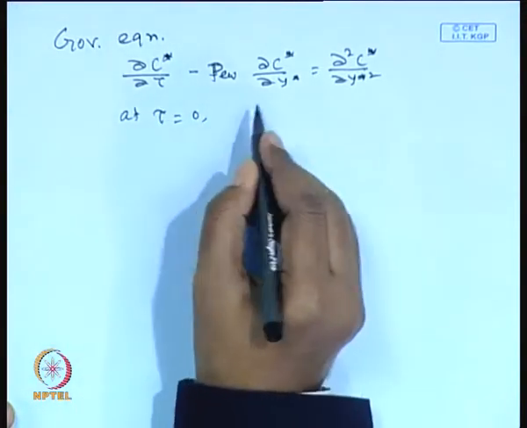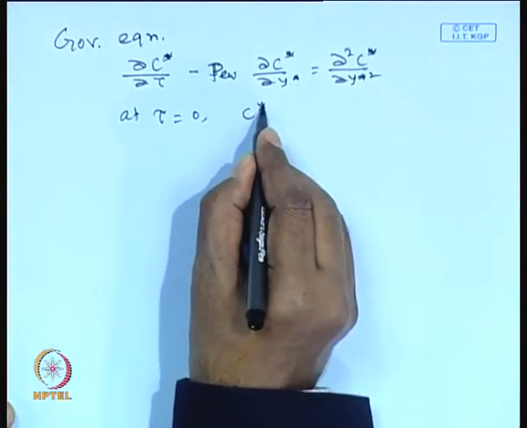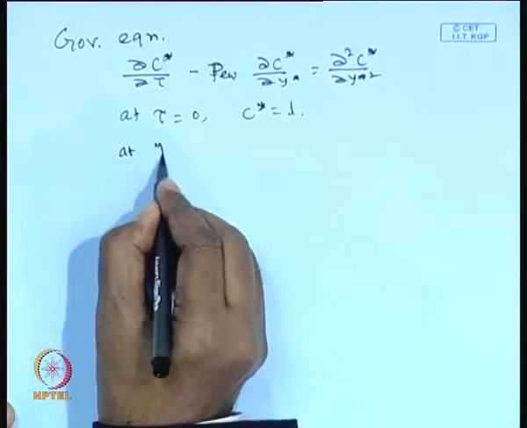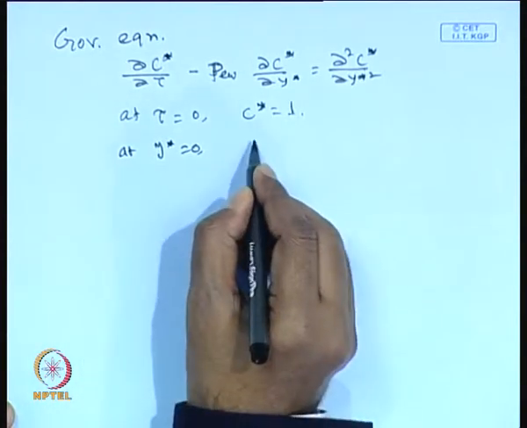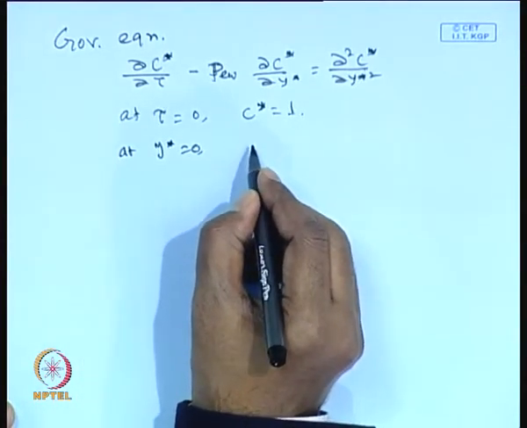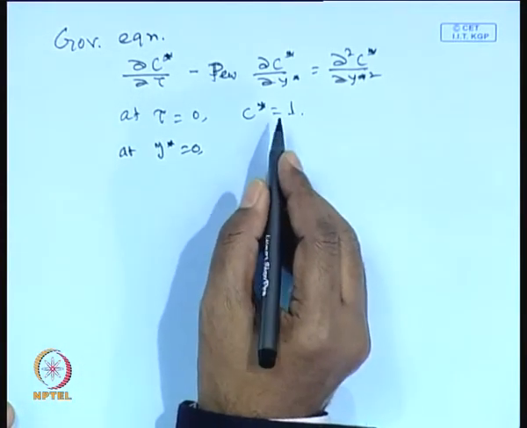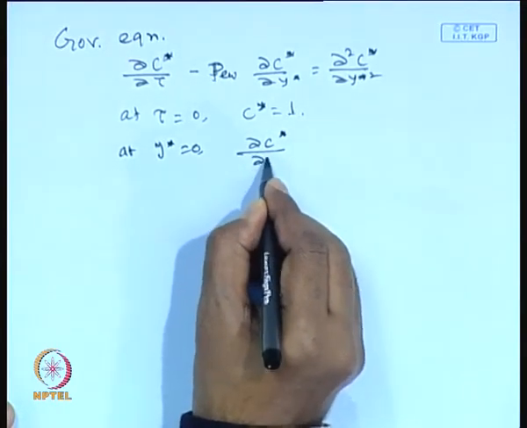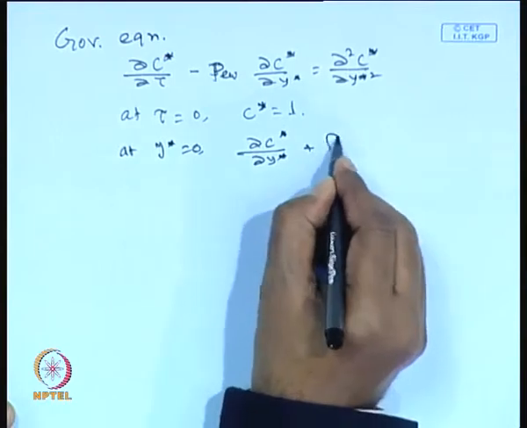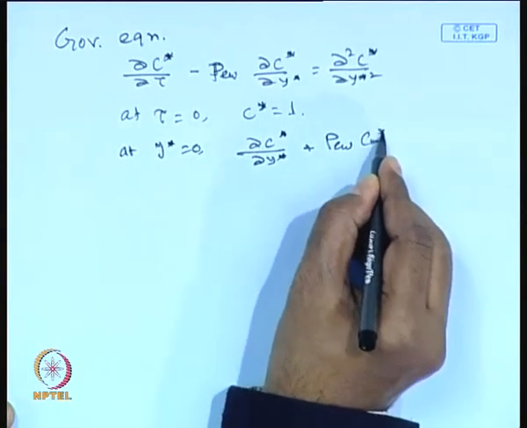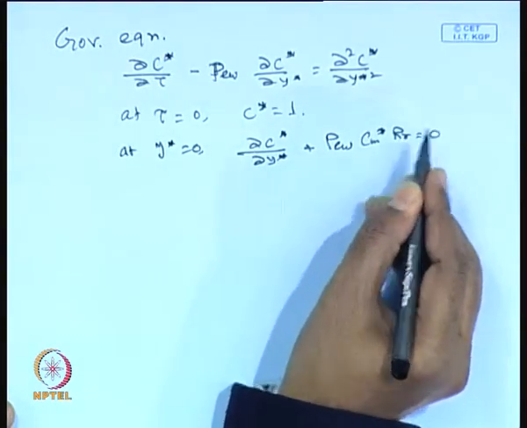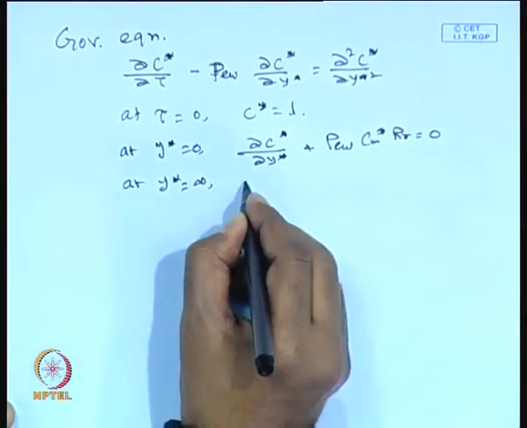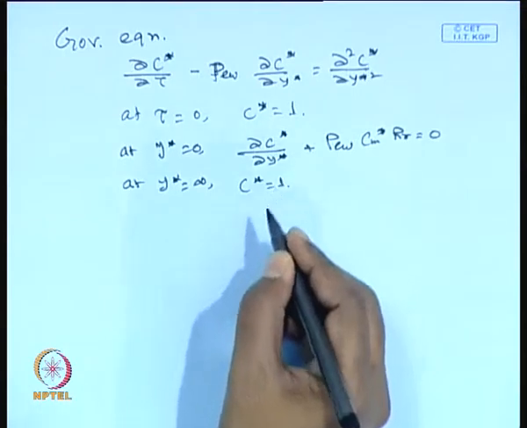At time tau equal to 0, the initial condition, C star is equal to 1, that is C is equal to C naught. At y star equal to 0 you have the mixed boundary condition, that is the convective flux towards the membrane and the diffusive flux away from the membrane will be equal: del C star del y star plus Pe_w C_m star times real retention is equal to 0. And at y star equal to infinity we had C star equal to 1, right.